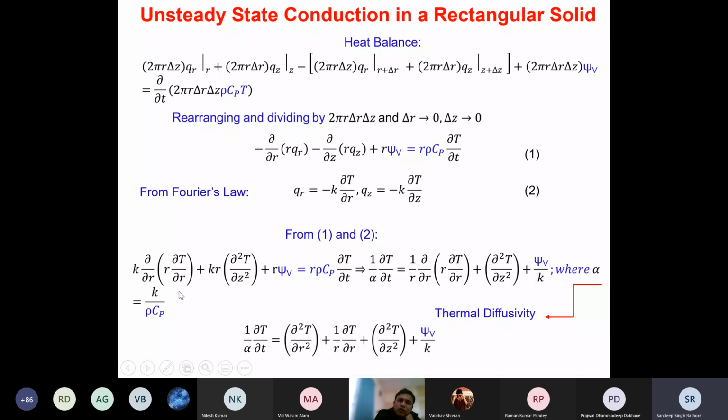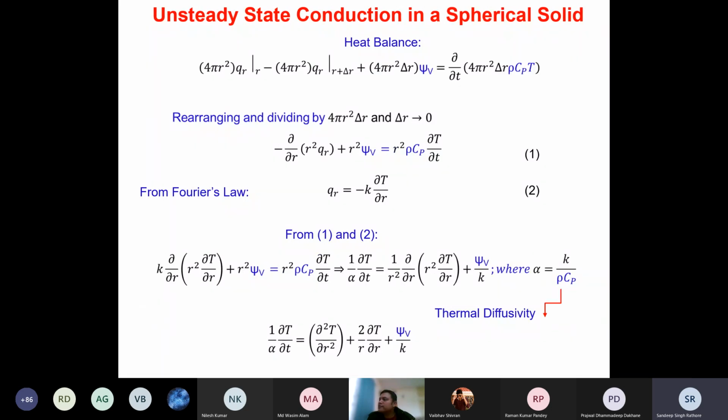Now let us again look at the third case with the spherical solid. Again I am directly writing the heat balance because most of the terms are the same.